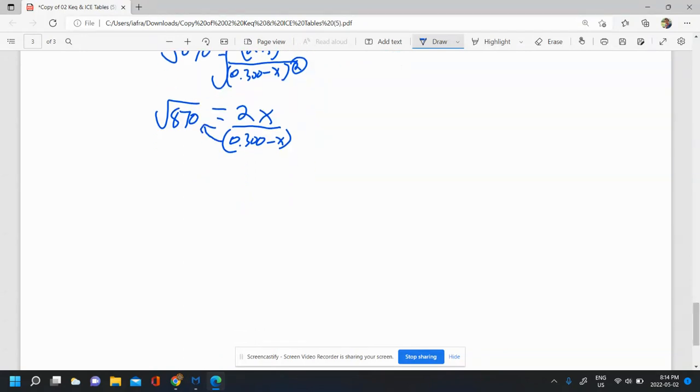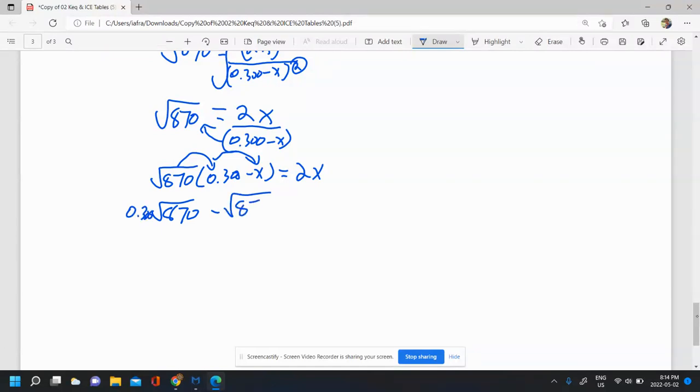So let's send this to the other side, and it becomes the square root of 870 times 0.300 minus x is equal to 2x. I'm going to leave the square root of 870 written like that, just so I don't have a whole bunch of decimal places right now. So I'll distribute this in here and in here, and I'll get the square root of 870 times 0.300 minus the square root of 870x is equal to 2x.